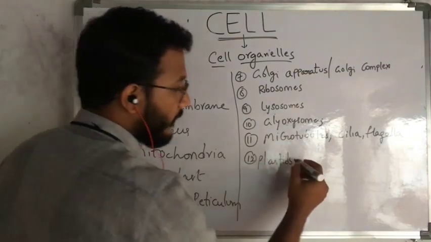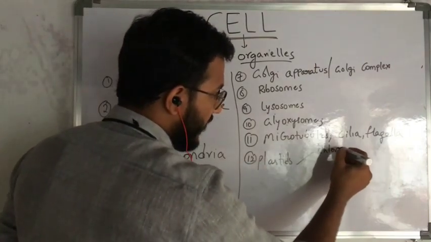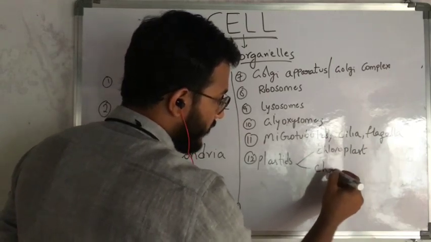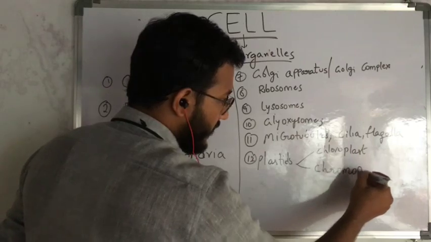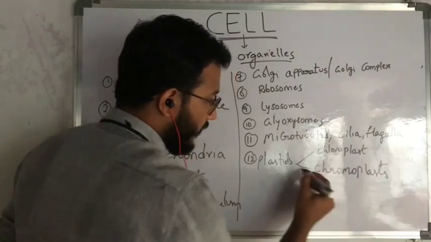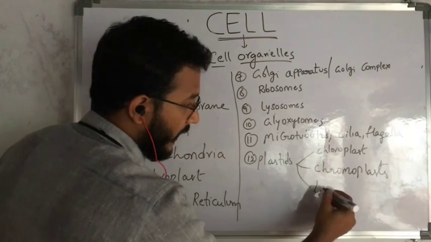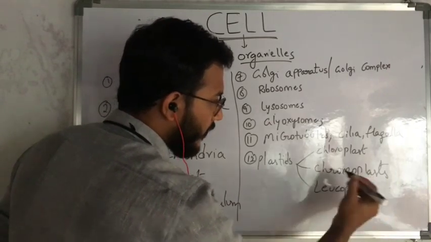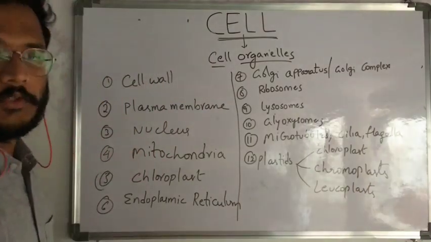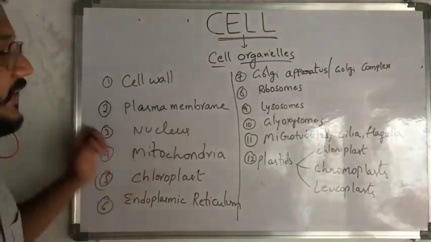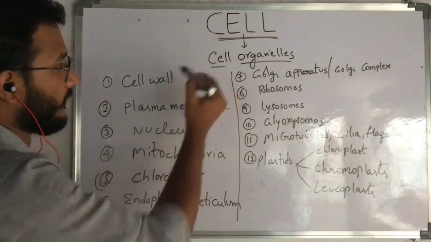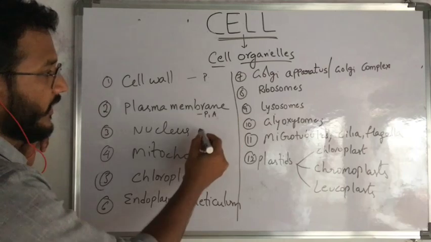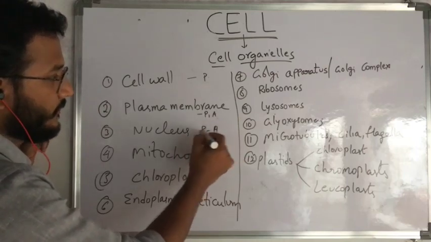The first one is chloroplasts, as we discussed earlier. The second one is chromoplasts, and the third one is leucoplasts. We will see the functions of these three types of plastids. The cell wall is present in the plant cell. Plasma membrane, nucleus and mitochondria are present in both plants and animals.